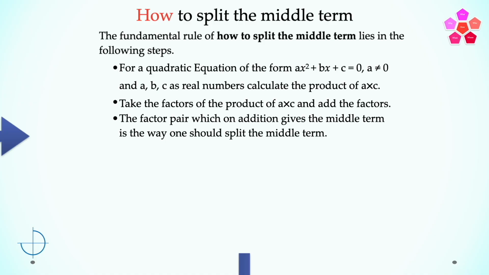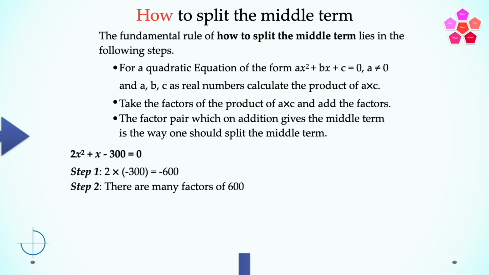Let's take an example. 2x squared plus x minus 300 is equal to 0. Step 1 is 2 multiplied by minus 300, which is equal to minus 600. Step 2, there can be many factors of minus 600, but the addition of 25 and minus 24 gives us 1.